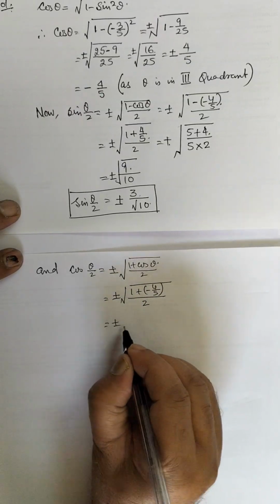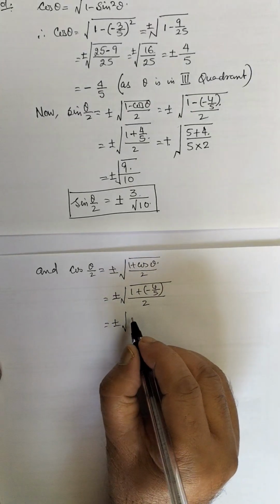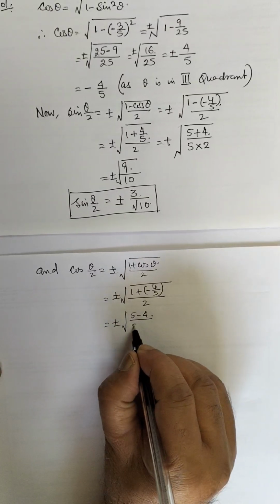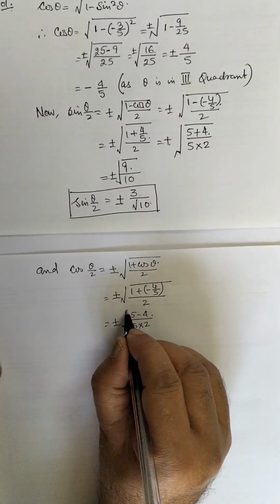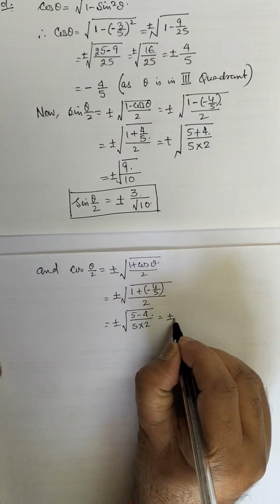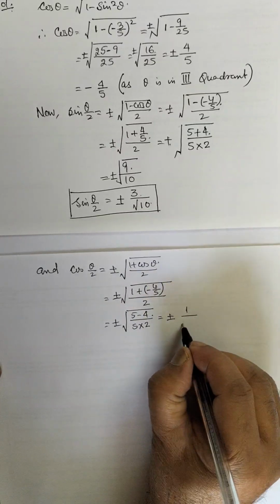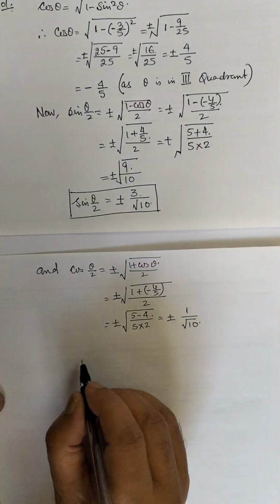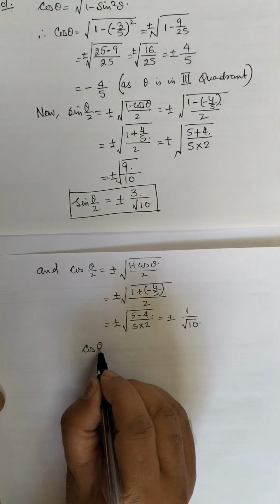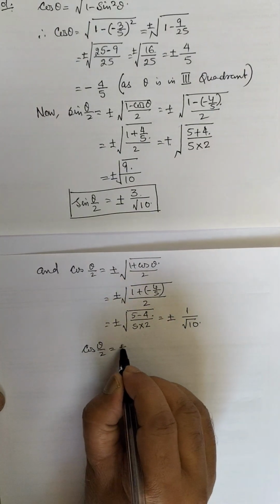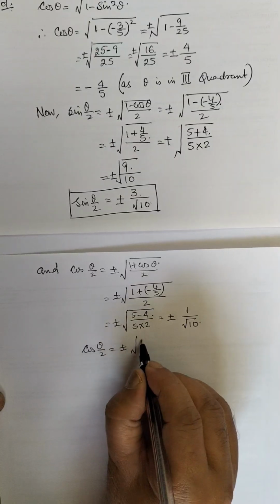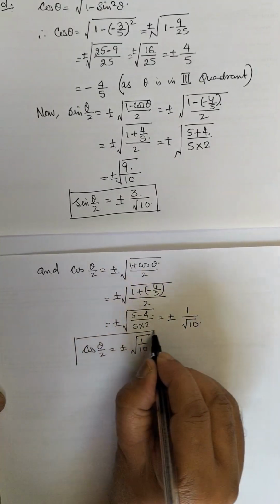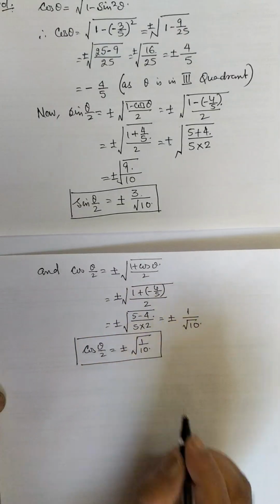This will give plus or minus root over of 5 minus 4, 5 times 2, which is plus or minus 1 on root 10. Now I got cos theta by 2 as plus or minus the root of 1 on 10. This is another important information.